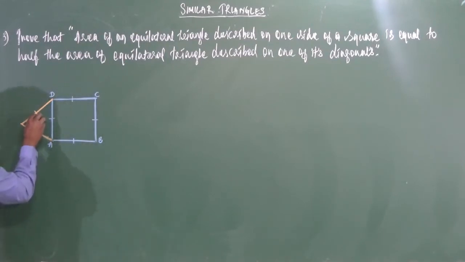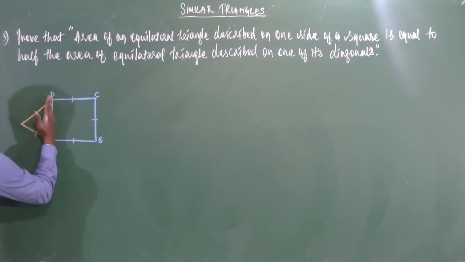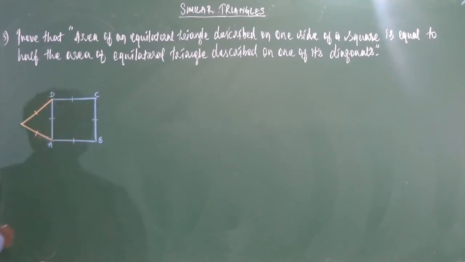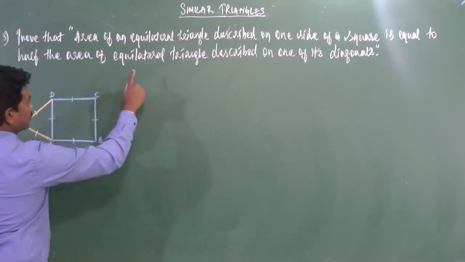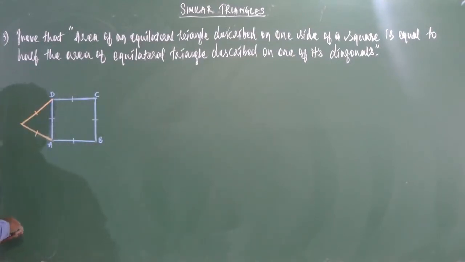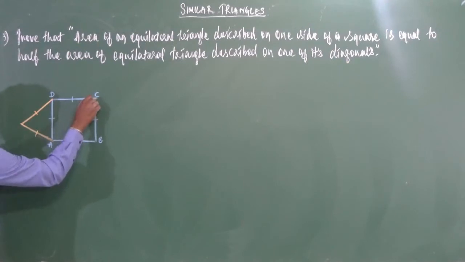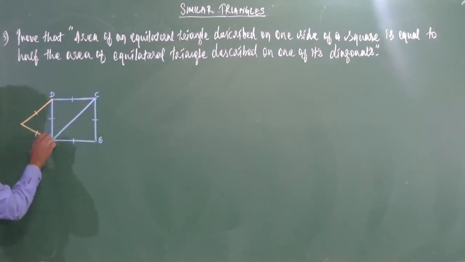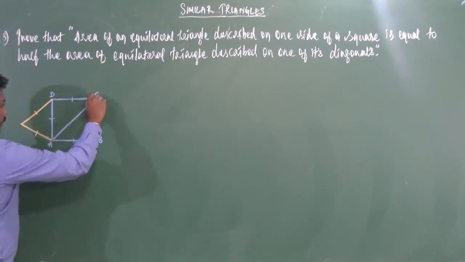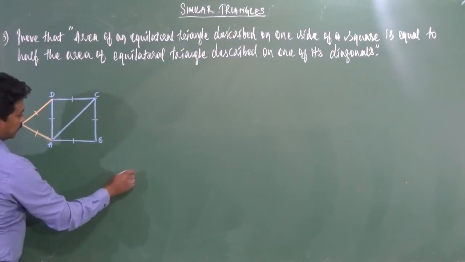So now the area of this equilateral triangle, which is described on one side of a square, is equal to half the area of equilateral triangle described on one of its diagonals. Okay, we will draw the diagonal now. So this is the diagonal. Let AC be the diagonal. You can also take BD as the diagonal, no problem. So on this diagonal they have constructed an equilateral triangle.